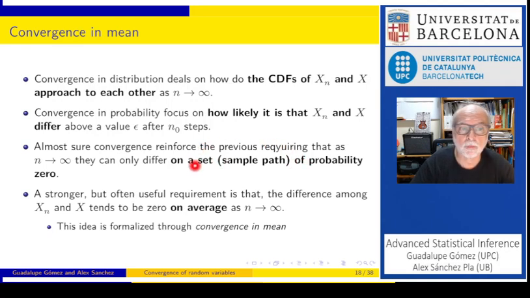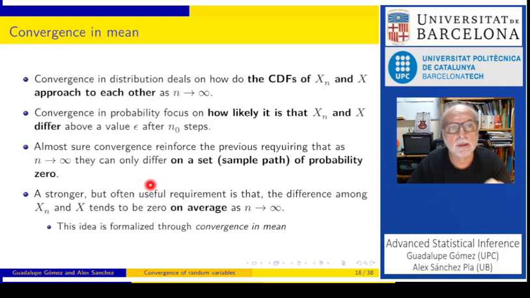In almost sure convergence, it is almost sure that they will converge except on a set of probability 0. But in none of these forms of convergence are we quantifying how big the difference is while they are not converging.